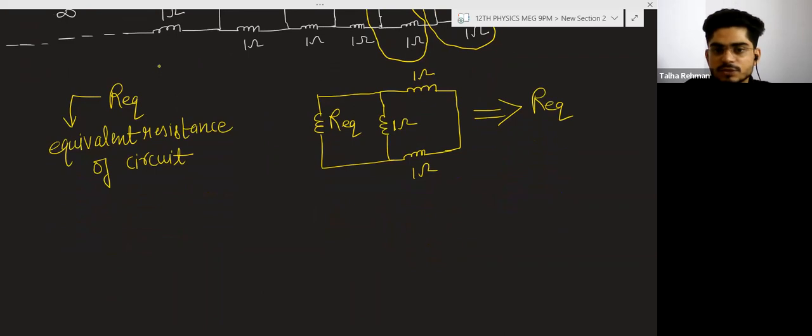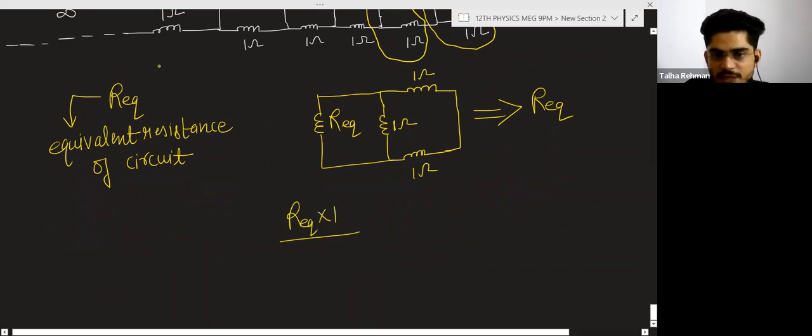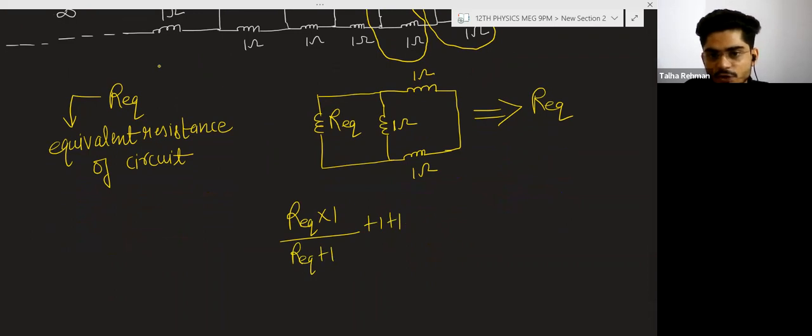The equivalent resistance of this circuit: this R equivalent and this are in parallel combination. So you will write the multiplication of this and R equivalent, divided by R equivalent plus 1, and plus 1 and plus 1. Why were we writing plus 1? Because the equivalent of this and this are connected in series, sorry.